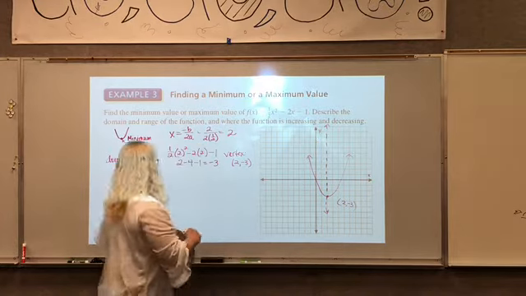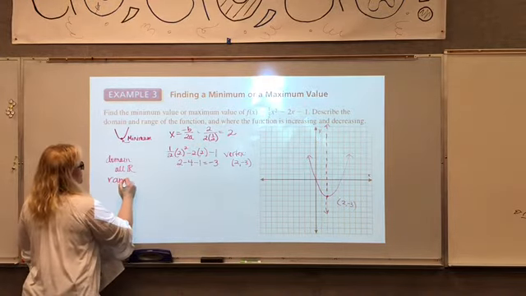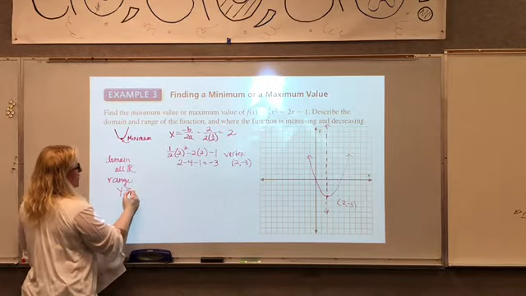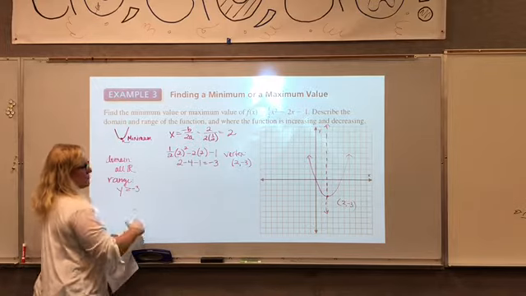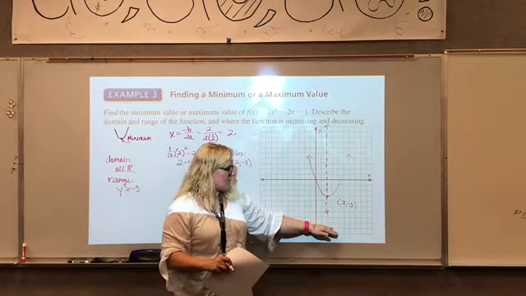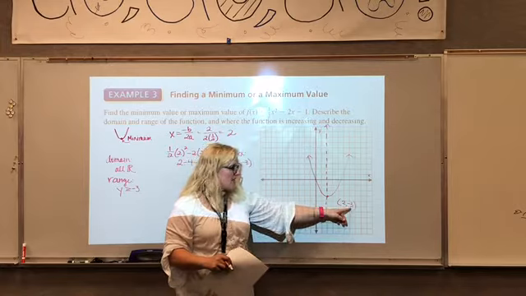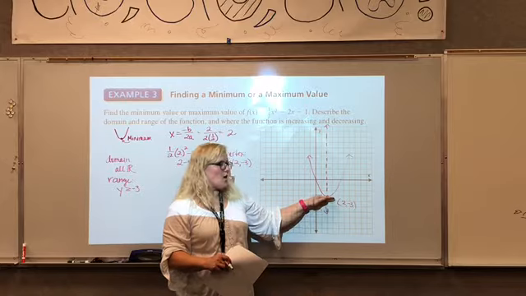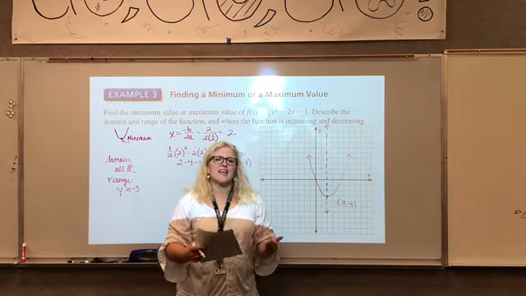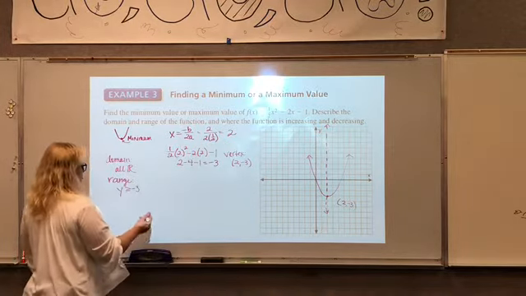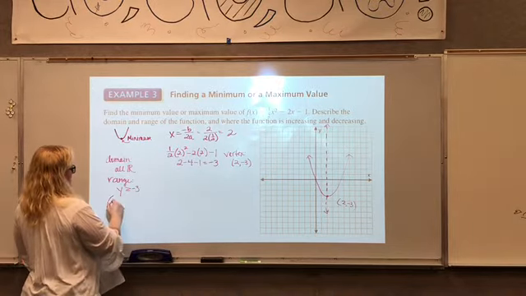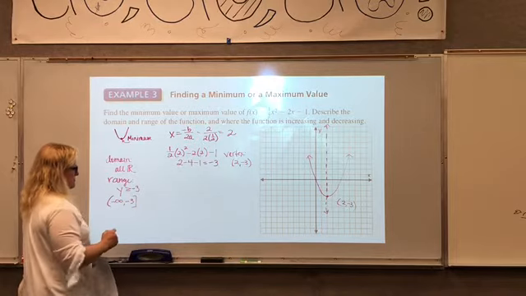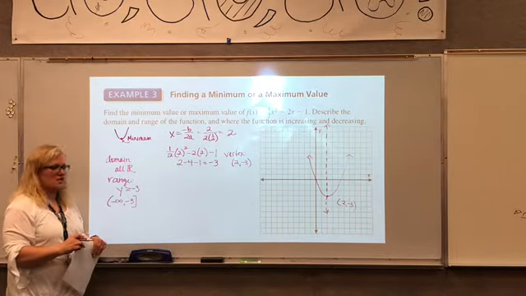So my range is y is greater than or equal to negative 3, right? I can't go under negative 3, and the range is my y value, so I'm looking at that. I'm never going to get anything under negative 3. So it's y is greater than or equal to negative 3. And if you're using interval notation, which you can use, it is negative 3 to infinity. Okay, so that's using interval notation.